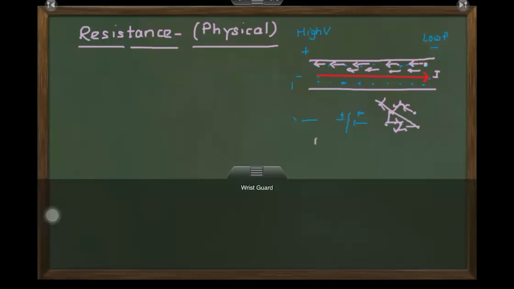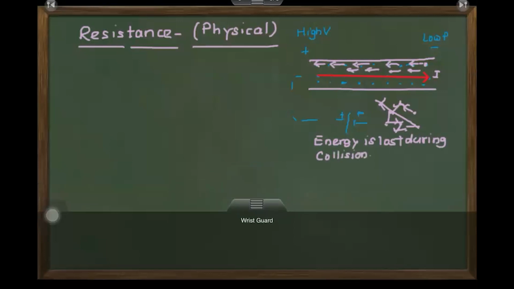So energy is lost during collision, and hence you can say that there is an obstruction in the flow of current.